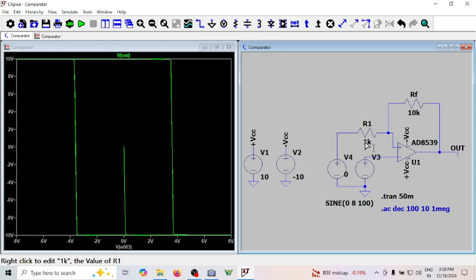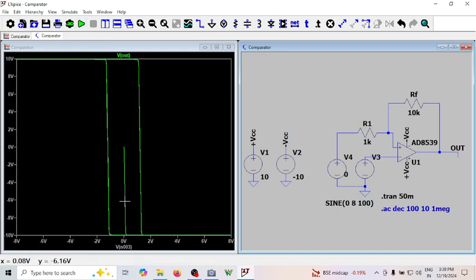If it is 1K, it will be 10 by 11, which is almost 0.9 volts. So this will make a transition from plus VSAT to minus VSAT at 0.9 and minus 0.9. See now, this is happening at 0.9 volts, and this is again happening at minus 0.9. So the hysteresis depends on R1, R2.